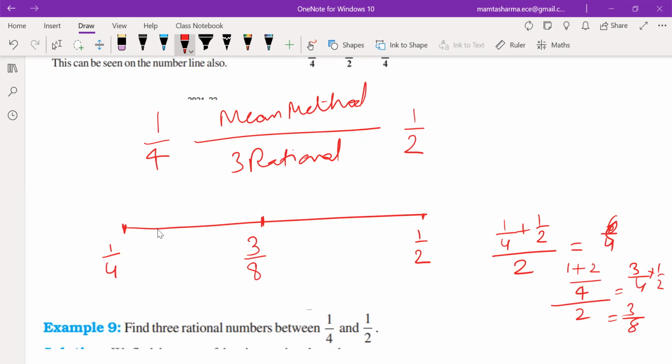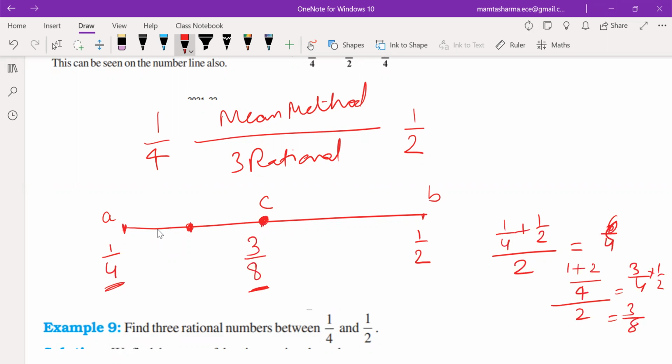Now again apply the mean method and find out the number between these two numbers. Suppose this is A, this is B, and this is C. In the first step, you found this number C by using the mean formula.